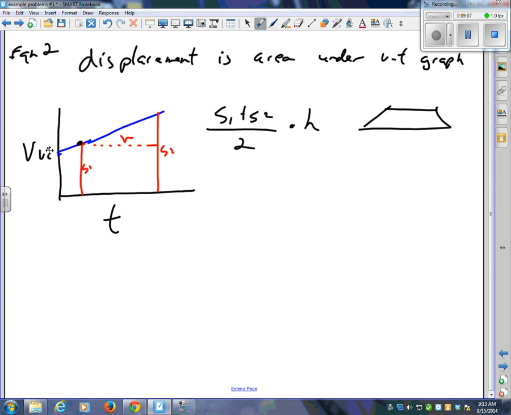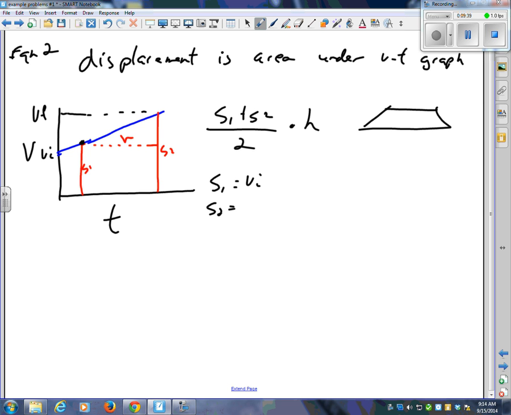So my VI is this value here. I guess it's actually that one. Wait, I've got it locked there. And this thing here is going to be VF. So my side 1 is equal to my VI, and my side 2 is equal to my VF, and my height is this distance here. Side 1 is equal to VI.